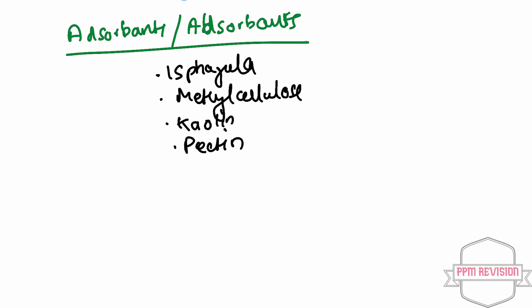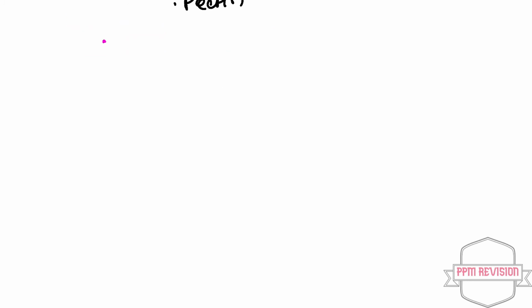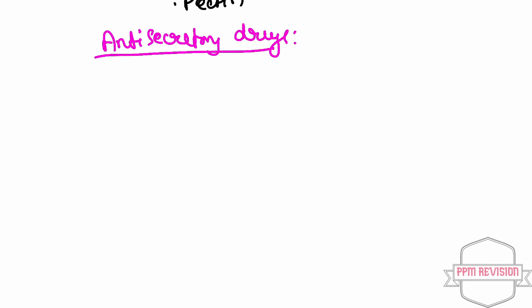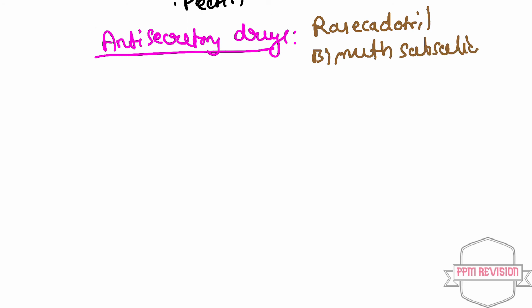And moving on to the other class, under the non-specific, it is anti-secretory drugs. Under the anti-secretory drugs, there is racecadotril, then there's also bismuth subsalicylate, as well as anticholinergics.